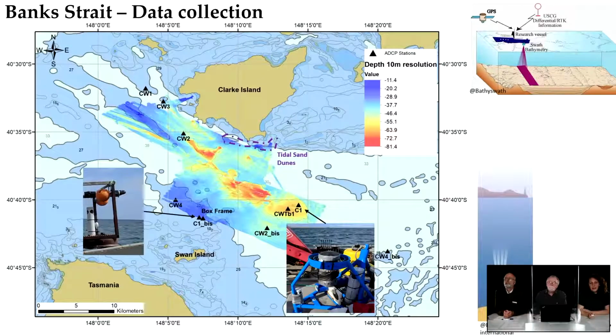This survey was able to characterize tidal sand dunes near Clark Island. On this map, you can also see the stations of the ADCP, the instrument that measures velocity. This instrument measures the current velocity in the water column, looking up, and we also have one looking down to get insight into the velocity near the seabed.